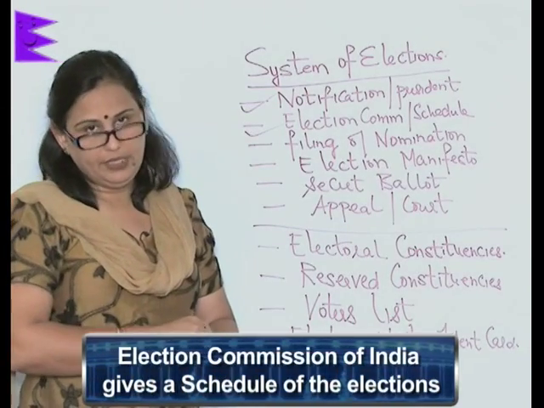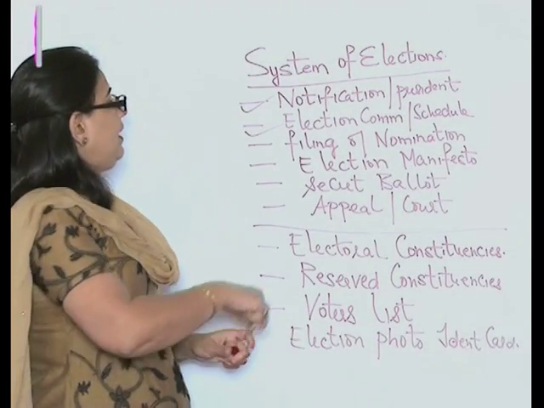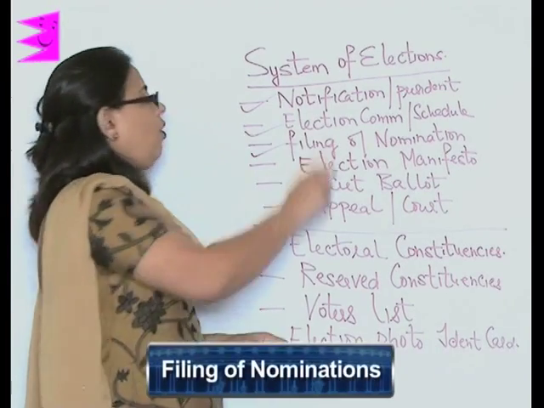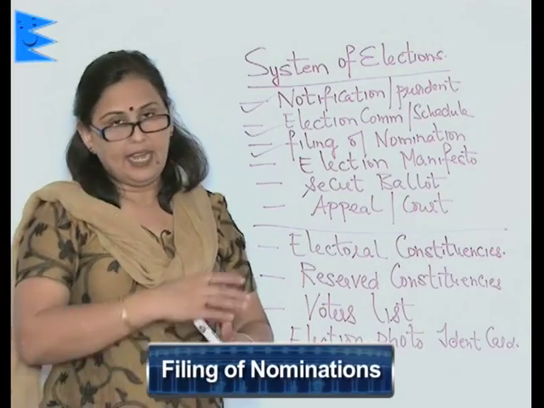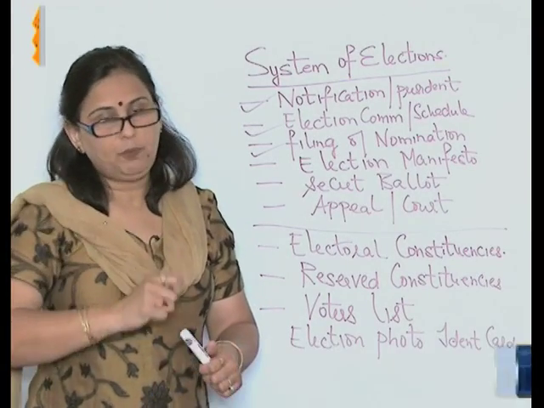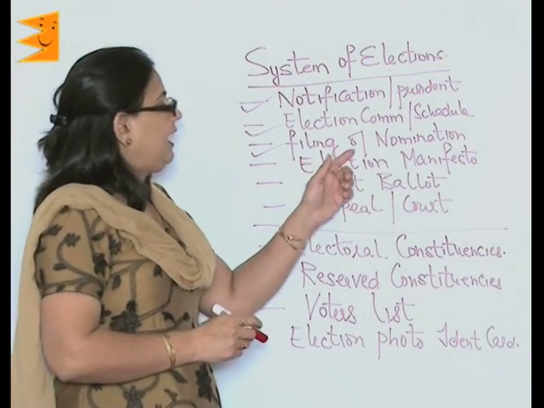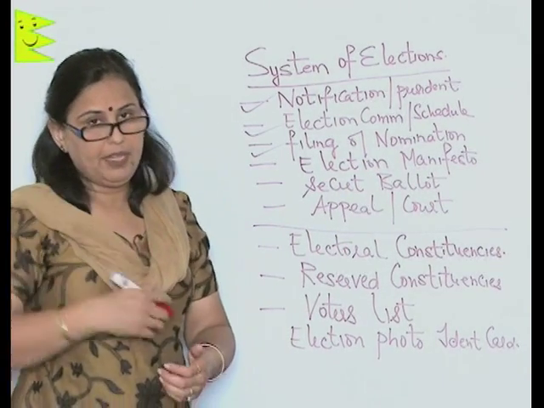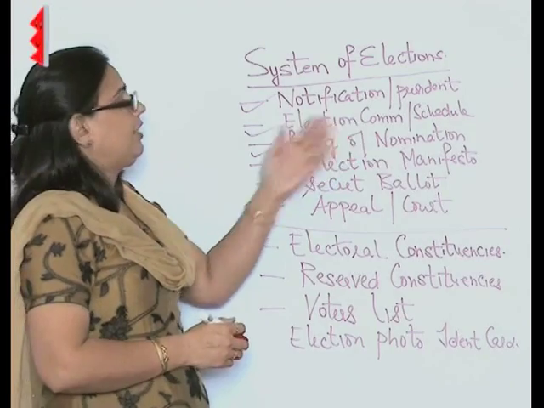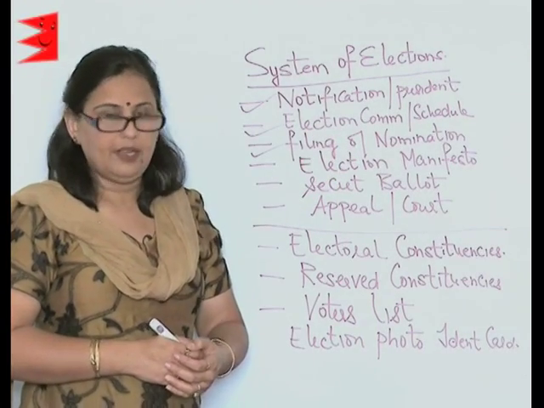and constituencies. After that comes the filing of nomination. That is, various candidates of various political parties file in their nomination to the forthcoming elections to the Election Commission of India.